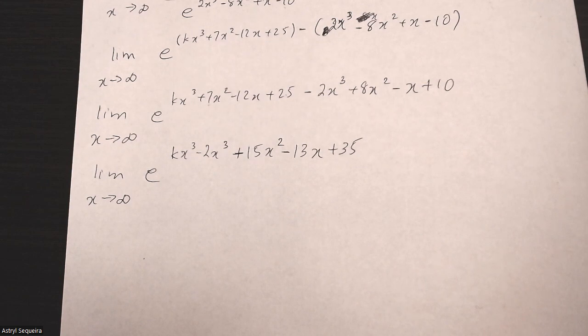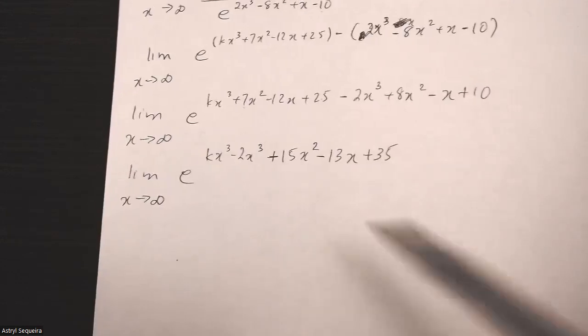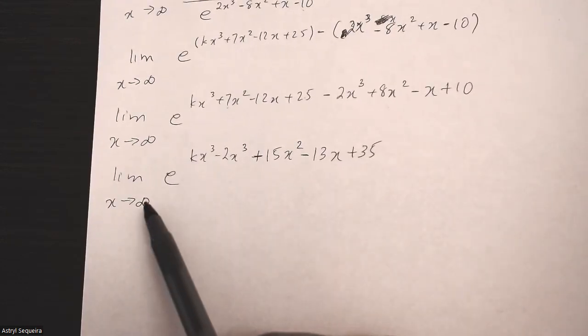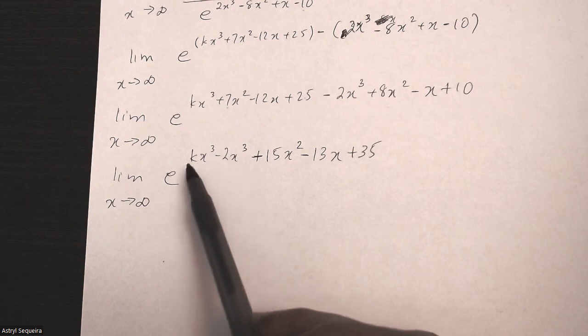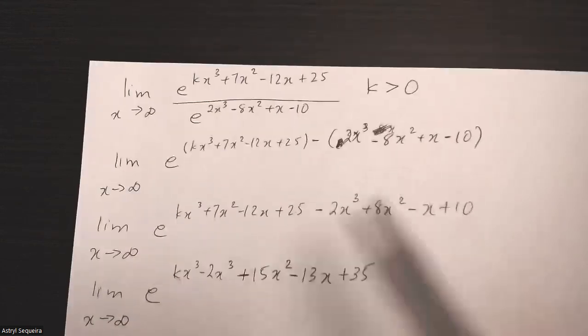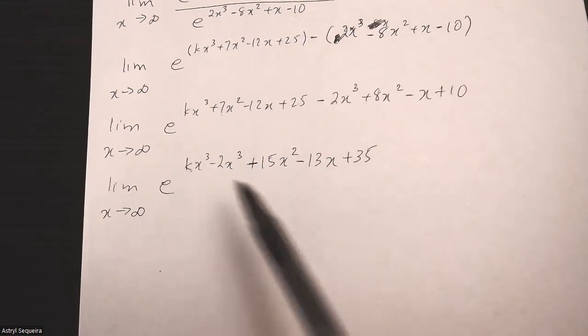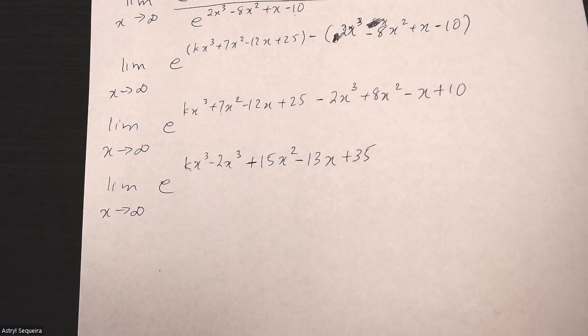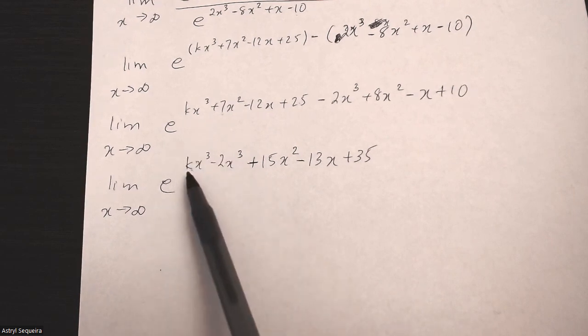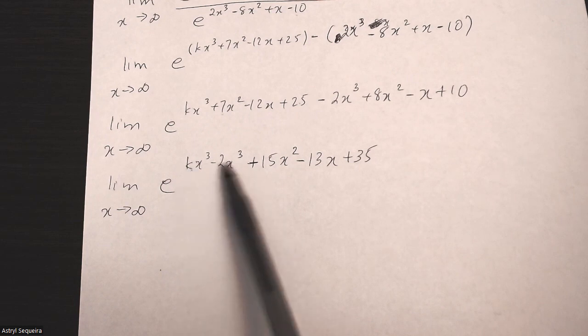So now that we have this over here, there's a couple of ways to do this. Let's just think about this for a second. If I sub in infinity over here, and remember k is going to be a positive number that's greater than 0, we know that if k is positive 2, let's start with positive 2, I know these two terms will cancel out.